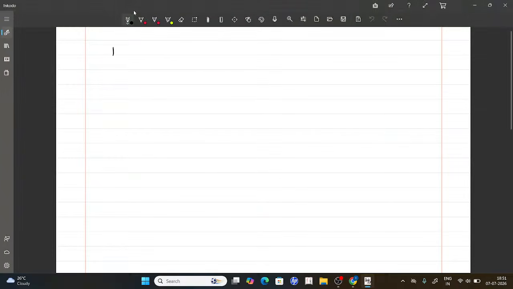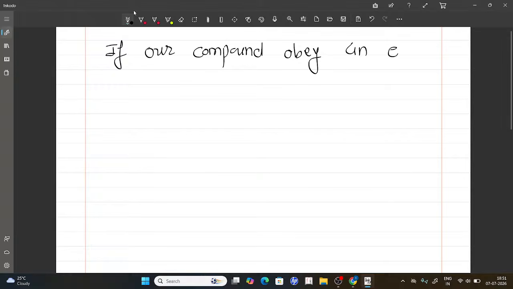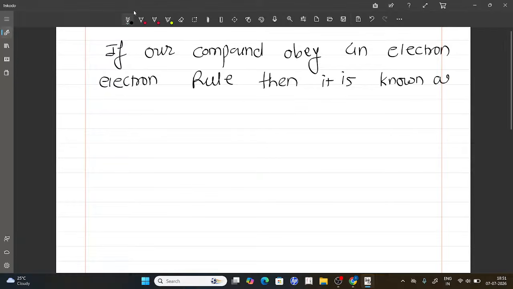Okay, one more concept is here. See this concept. If our compound obeys the 4n electron rule, then it is known as an anti-aromatic compound.